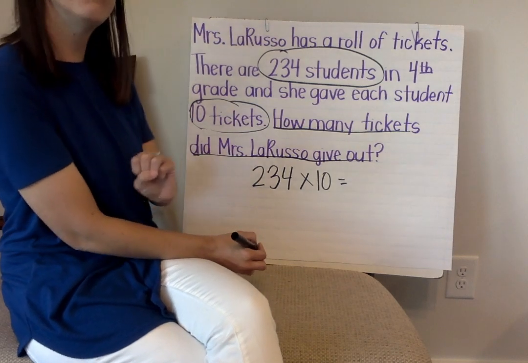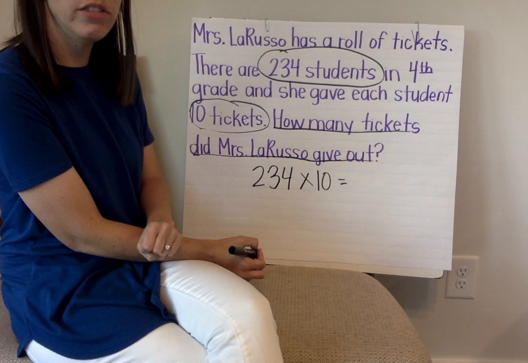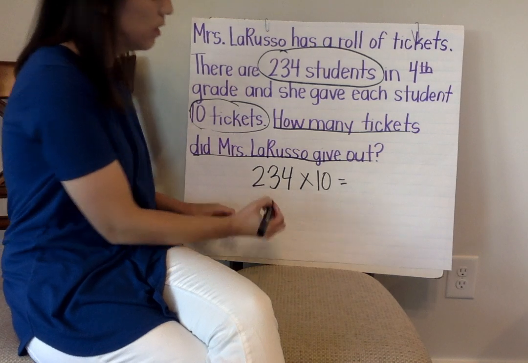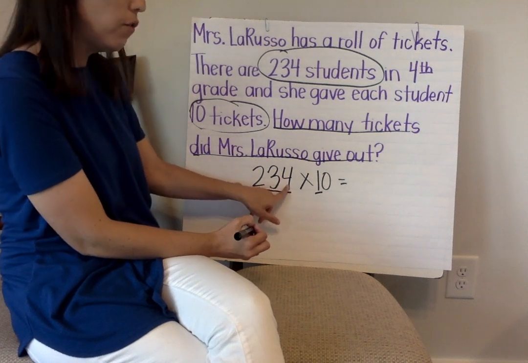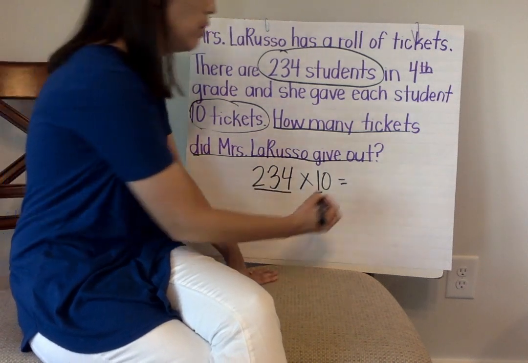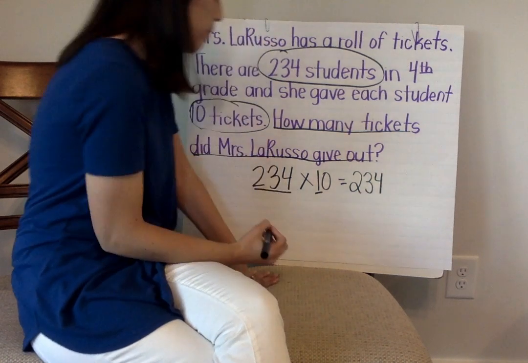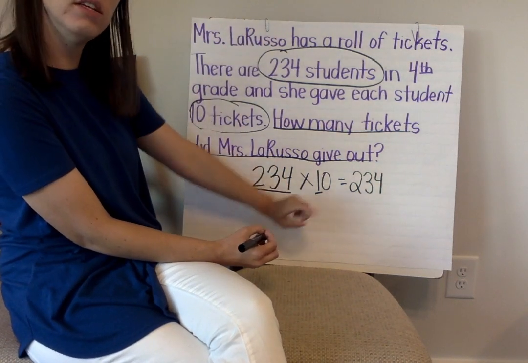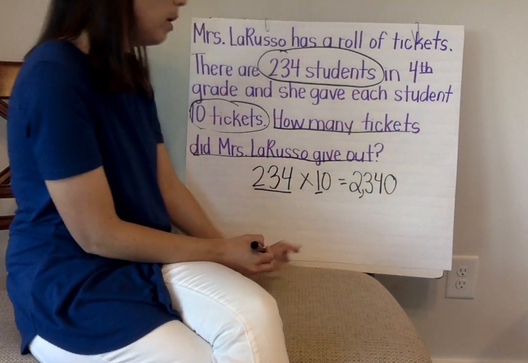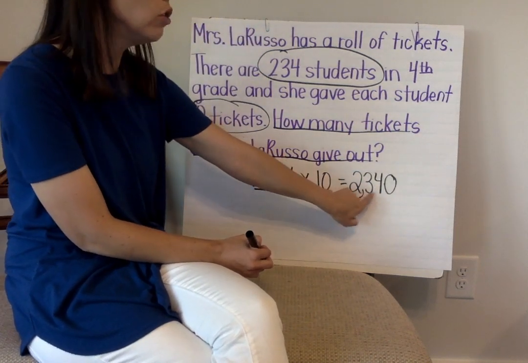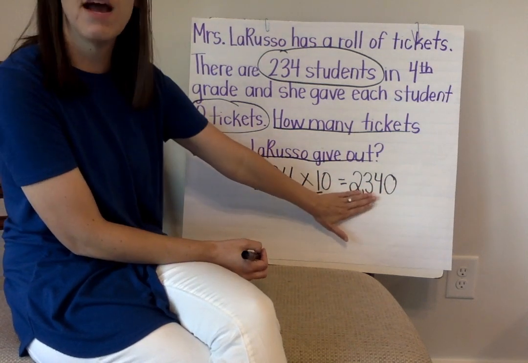Do you remember the trick by multiplying by multiples of 10? What digits am I going to underline? 234 times 1. Well, I know that's going to give me 234. I have 1 zero here, so I need to add 1 zero to the end, which gives me a product of 2,340. But this is not my answer.